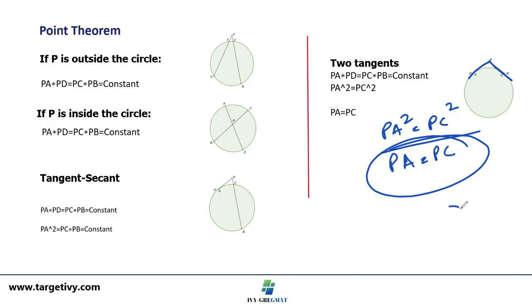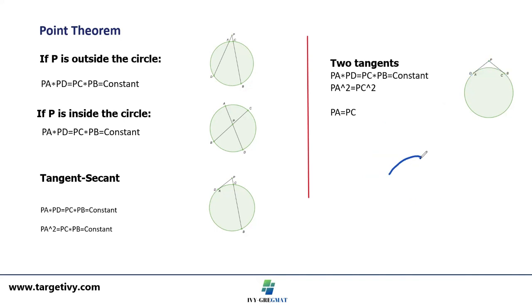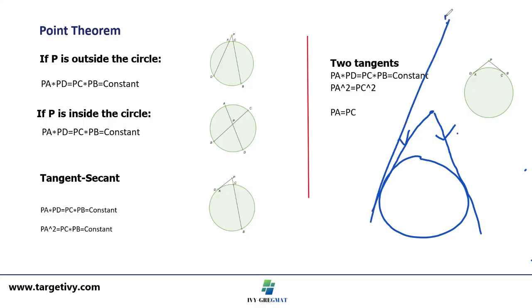Now remember, from any point outside a circle like this, if there are two tangents drawn, they are of equal length. No matter how far the point is, this is equal to this, or how near the point is. This length and this length are the same.